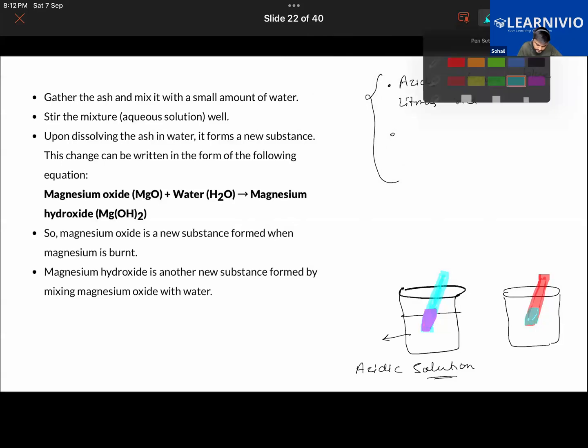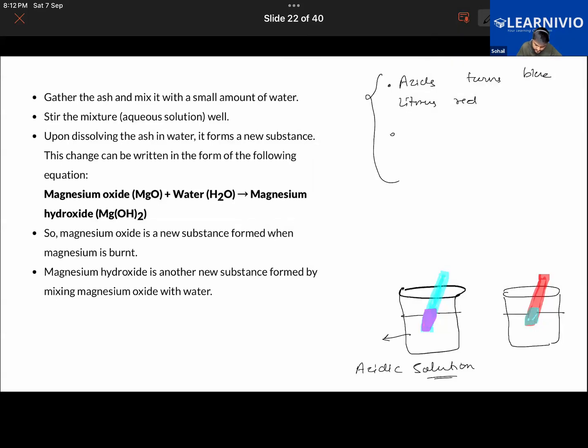It's basic in nature. Got this now? So that is a basic solution. So bases turn red litmus to blue. Hope it should be clear. Write down this thing if you haven't memorized it, and make sure that you memorize it.